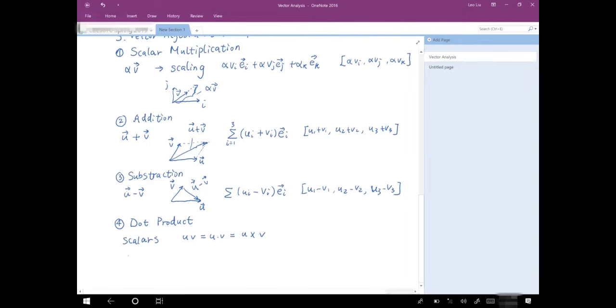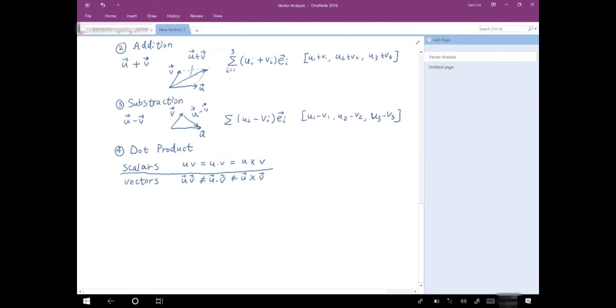So when we go to vectors, this is what we did with scalars. For vectors, uv is not equal to u dot v, and not equal to u cross product v. They're not identical. They're totally different. So pay attention to this.